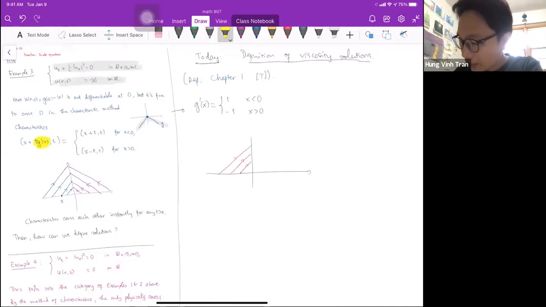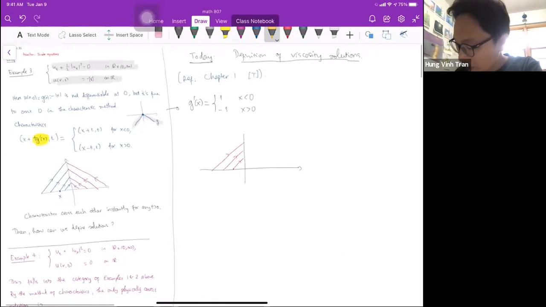If you start from the right, for x greater than 0, you would have slope minus 1, coming exactly from g prime. So you see the characteristics run into each other in a quite symmetric way, which is fine.